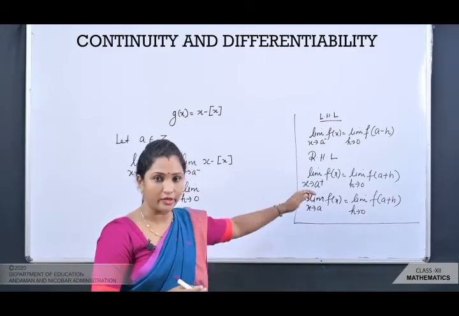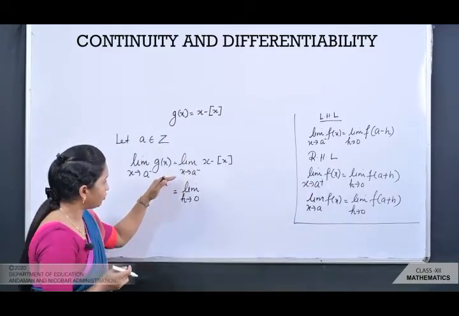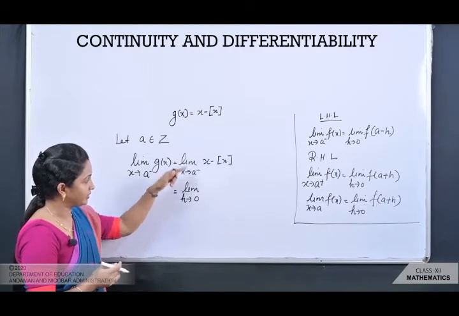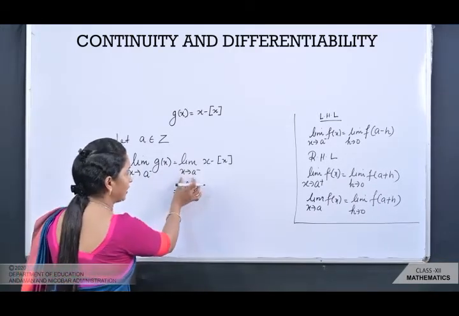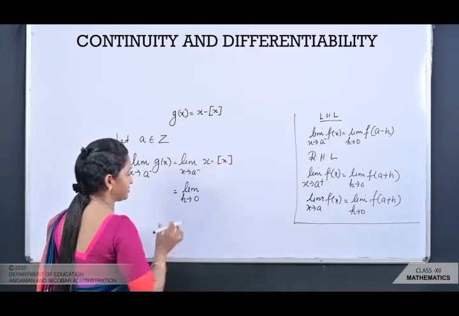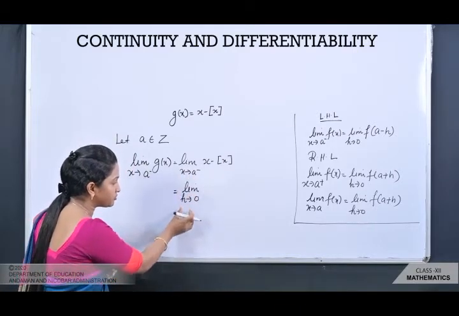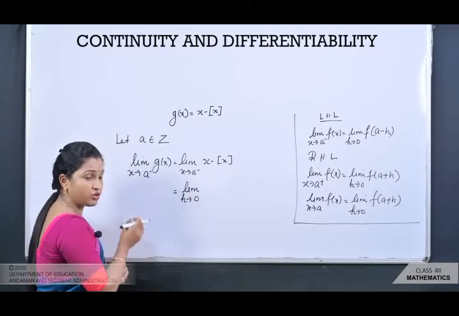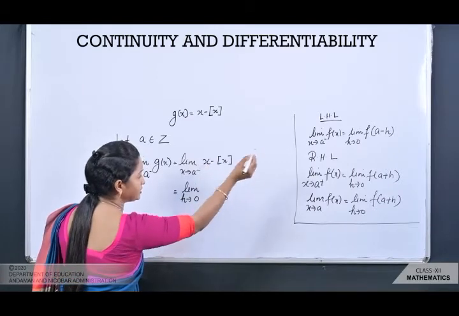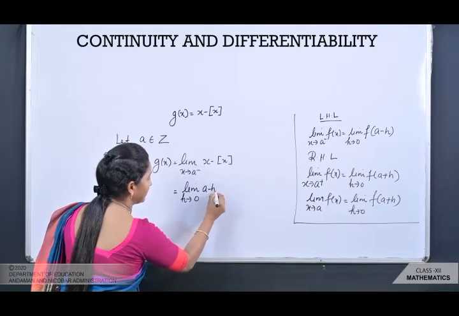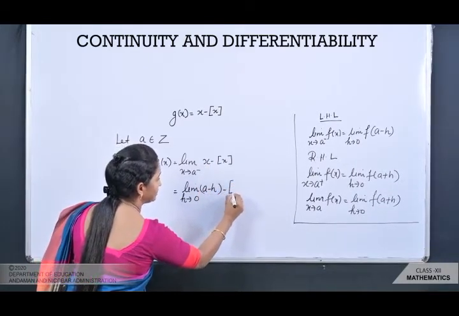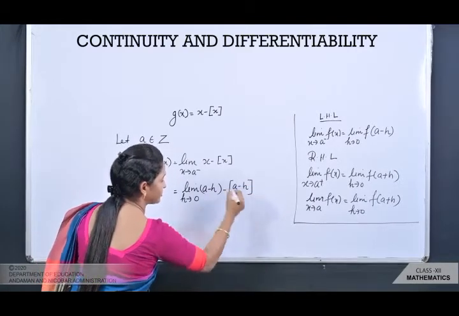Now if I apply the h method in this question, the limit as x tends to a minus of x minus greatest integer of x, in terms of h, the limit as h tends to 0, x becomes a minus h, minus greatest integer of a minus h.